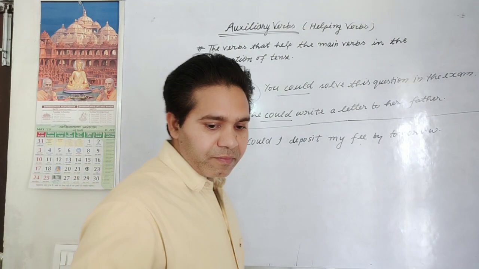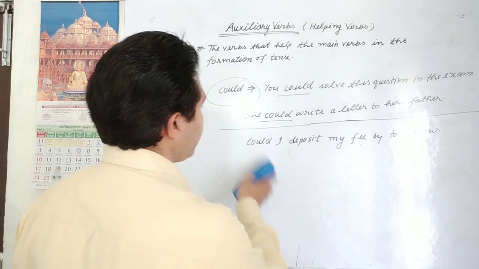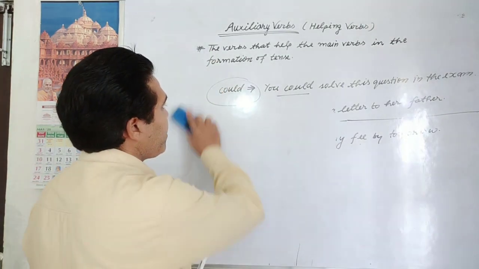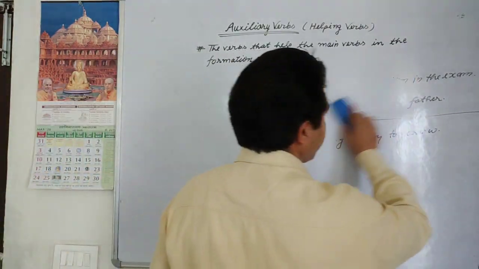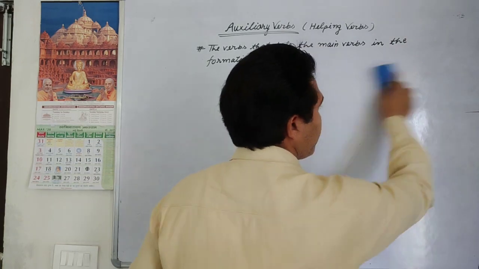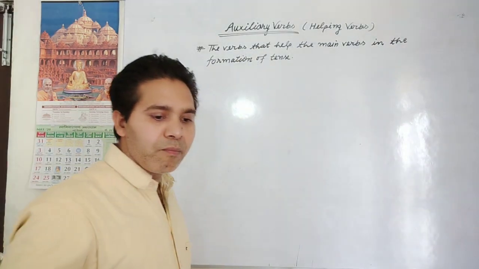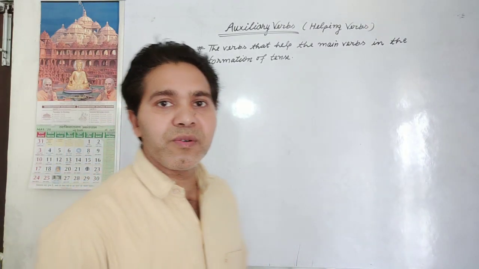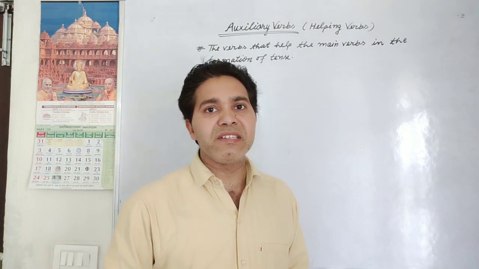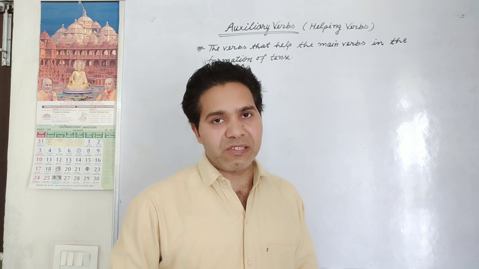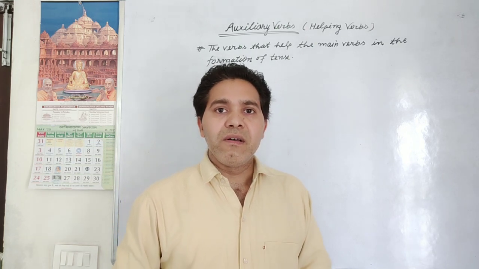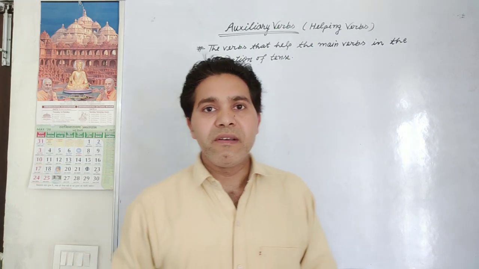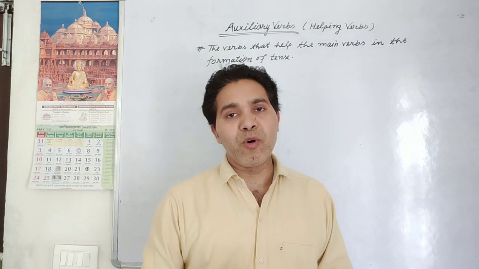Yes, now may. May is a present form and might is a past form. May is used for possibility, or we can say for request. Request, possibility, and may is formal.